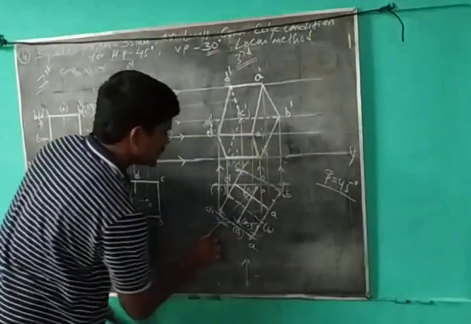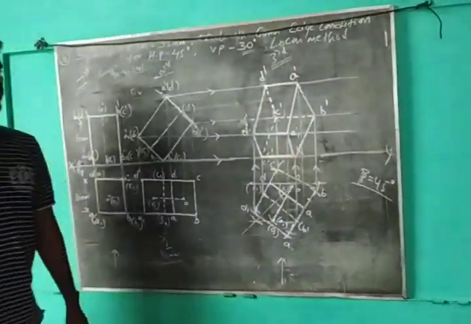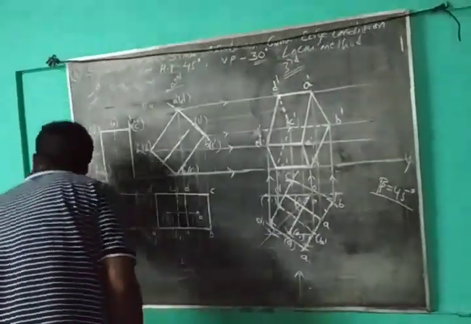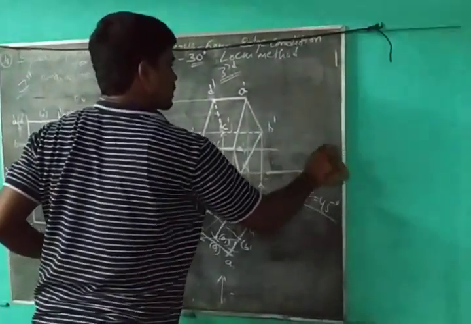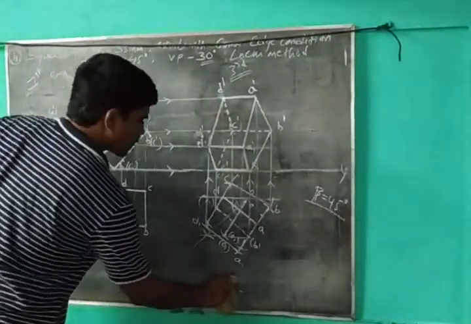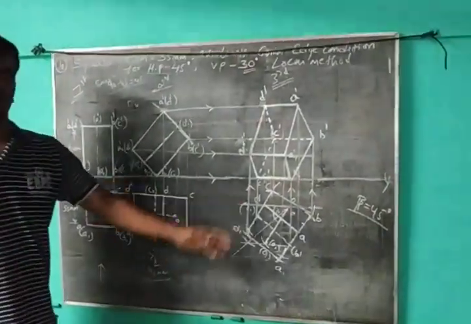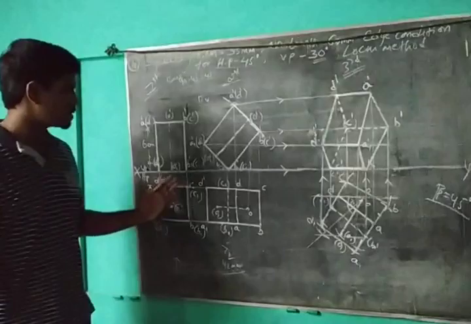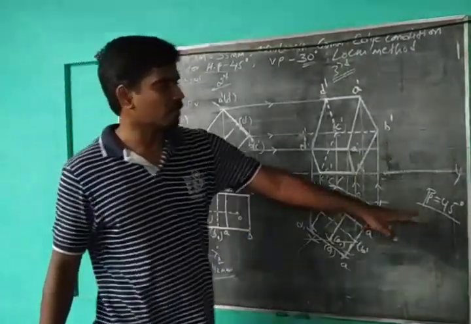This beta angle is 45 degrees, and you have to erase the extra. Yes, this is the final position. First position, second position and third position with locus method, beta angle of 45 degrees.